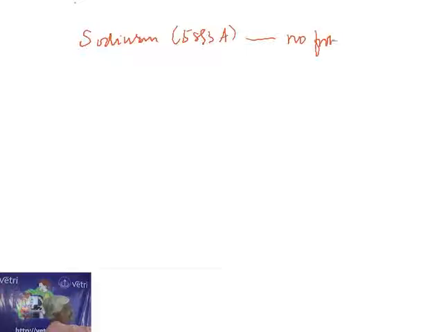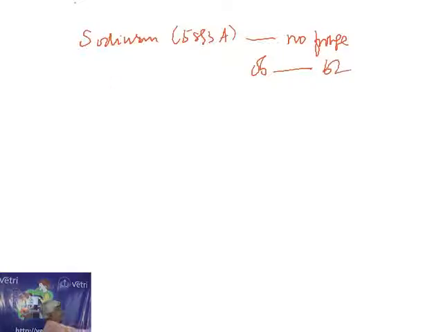So if you are using sodium as a source, we know sodium has a wavelength of 5893 angstrom. The number of fringes observed is 62.